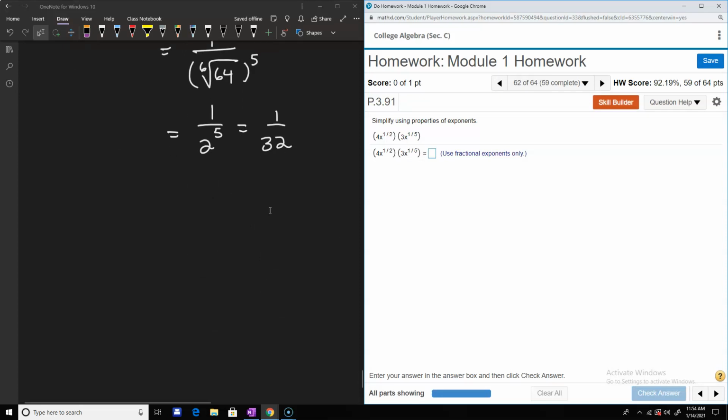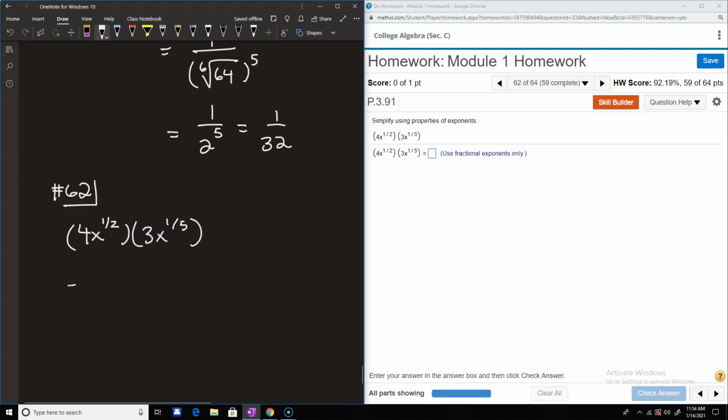Okay, properties of exponents. The regular numbers we can just multiply, and then the exponents we're going to want to add. So 4x to the 1/2 times 3x to the 1/5. Okay, 3 times 4 we can certainly do. That's just 12. And then the x's we want to add the exponents. So we have 1/2 plus 1/5. Remember, to add an exponent, we need to get a common denominator.